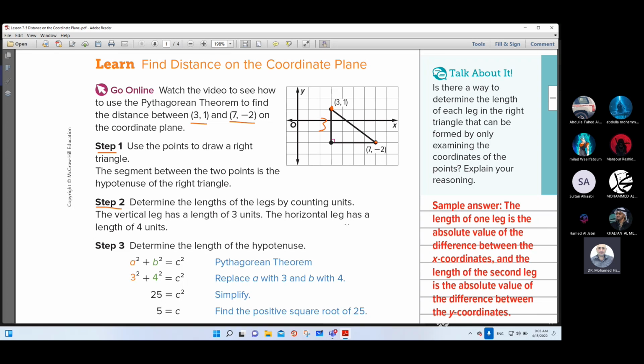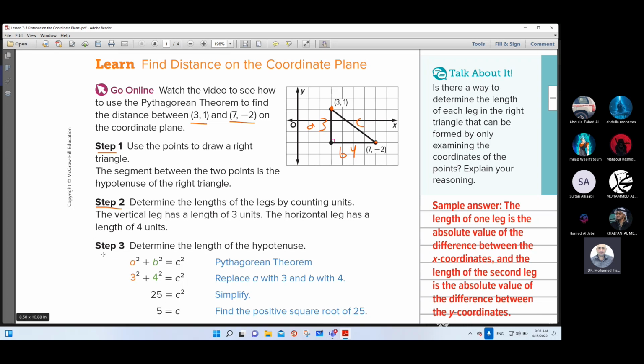And the horizontal leg has length 4 units. 1, 2, 3, 4. In this right triangle, we know the 2 legs, this is 3 and this is 4, and the hypotenuse is the missing value. Suppose this is a, and this is b, and here will be c.